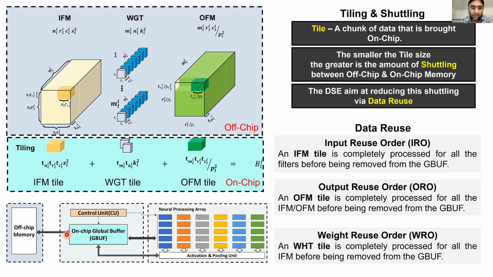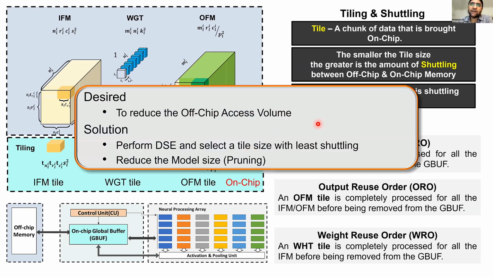So one way is then to do model compression. For model compression, typically pruning is performed. When we do pruning, there are multiple options. We can have structured pruning and we can have unstructured pruning. For our particular case, we are doing structured pruning.